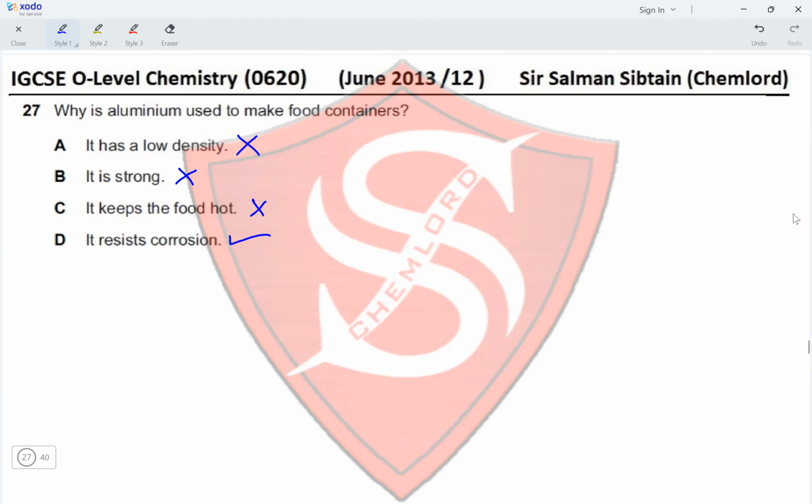This is an important property because food does not need to be in a container that corrodes. So, resistance to corrosion is the reason why aluminum is used to make food containers, making option D the correct option for this question.